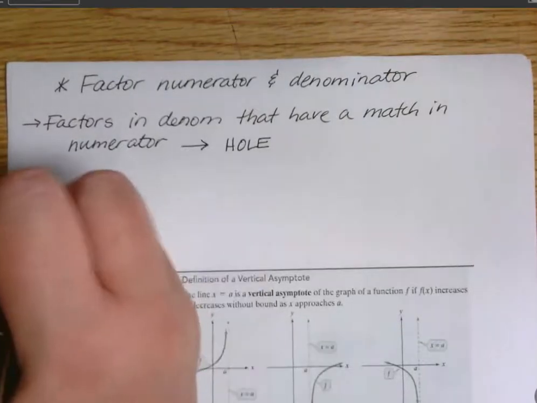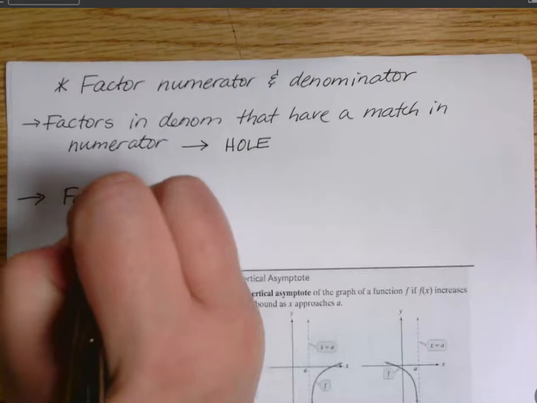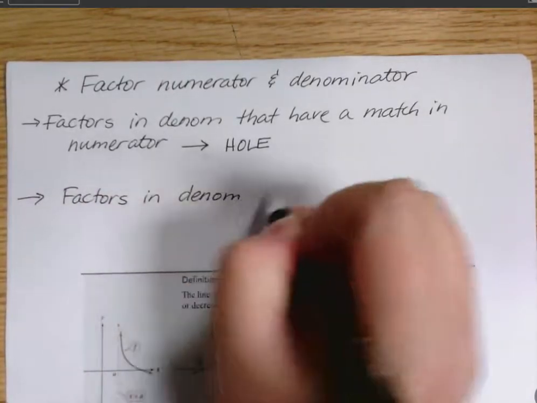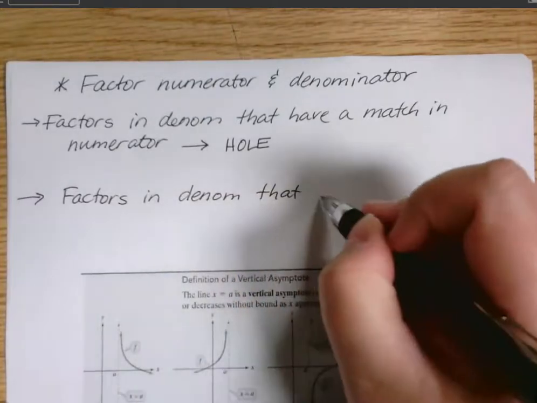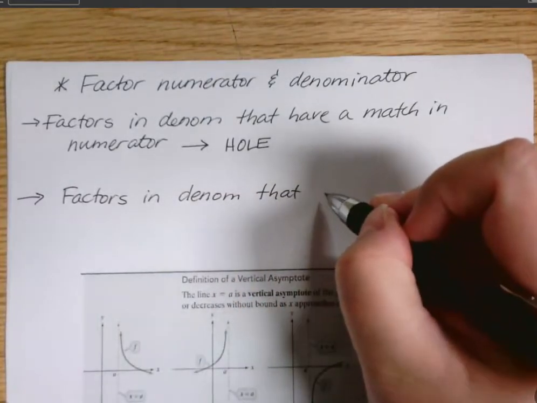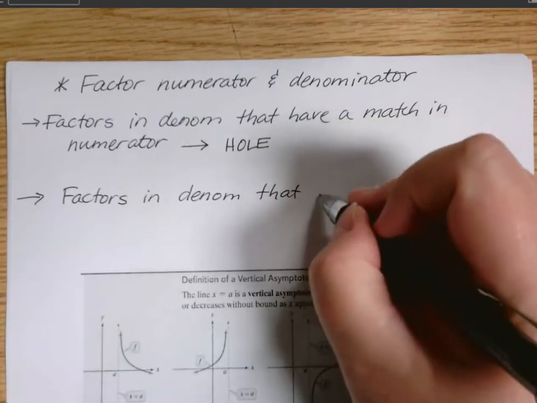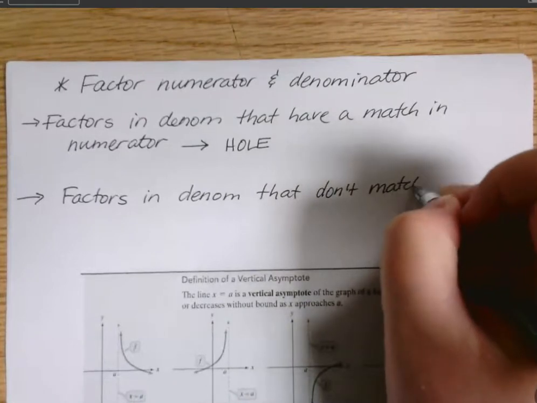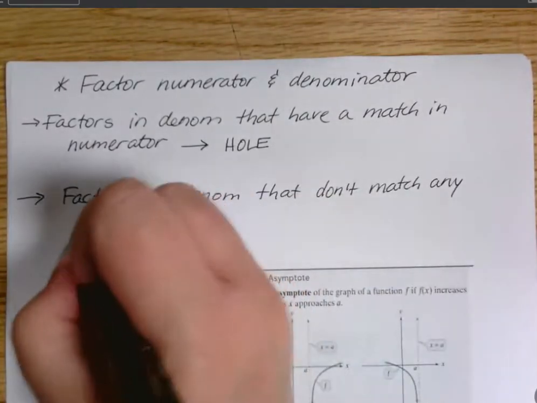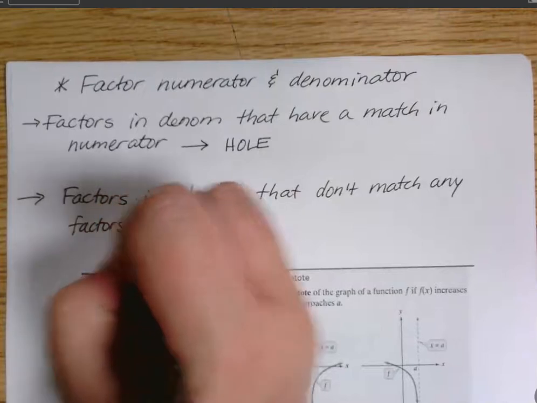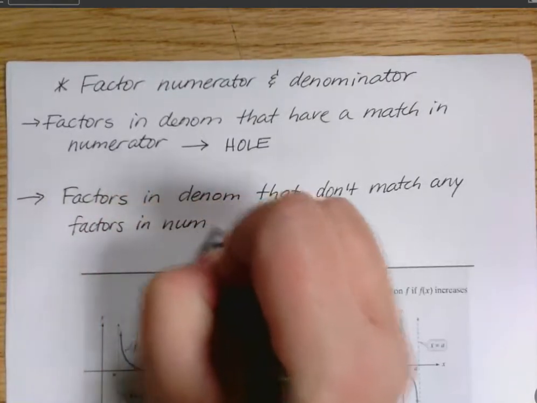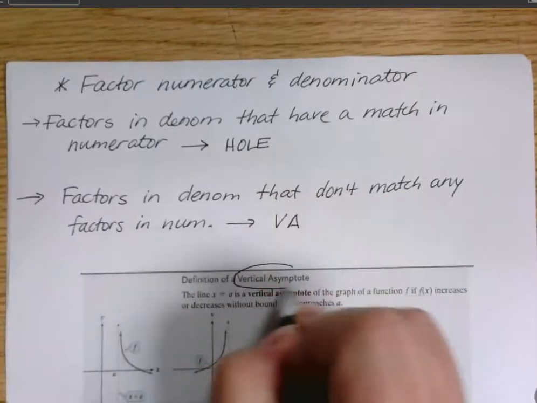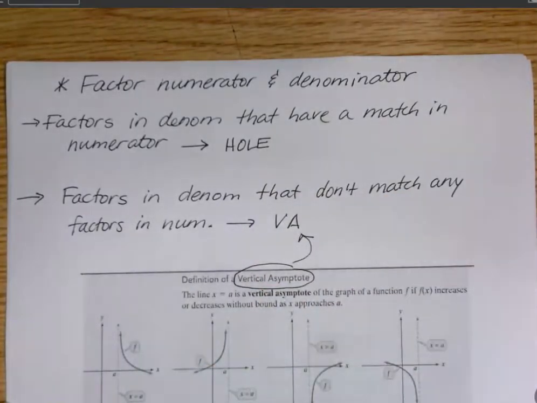If you have a factor in the denominator that does not have a match, so factors in the denominator only, that don't match any factors in the numerator, those indicate a vertical asymptote, which we usually say VA for.